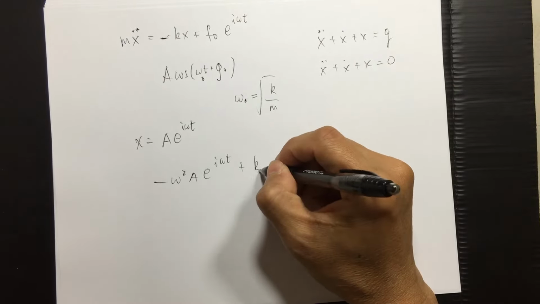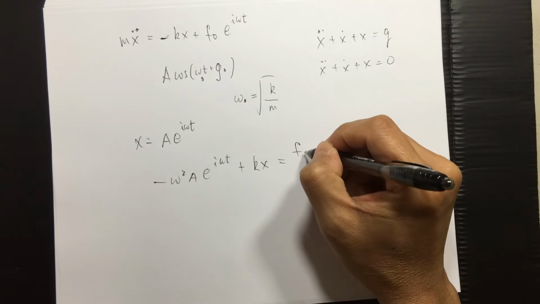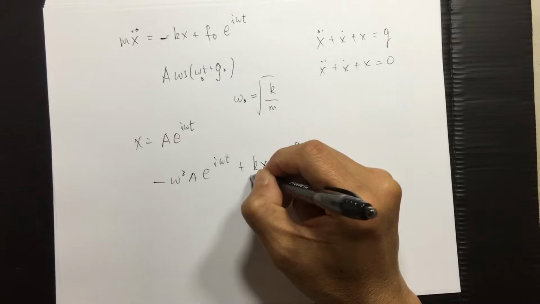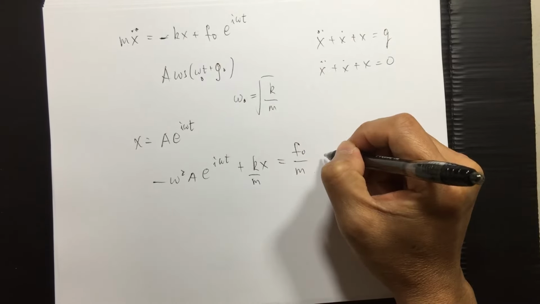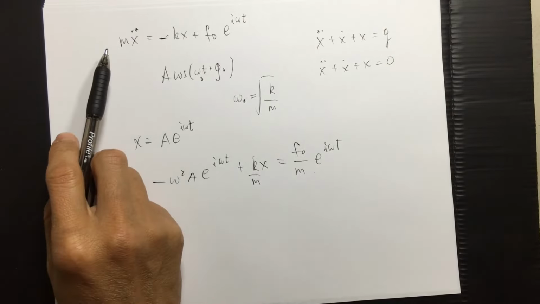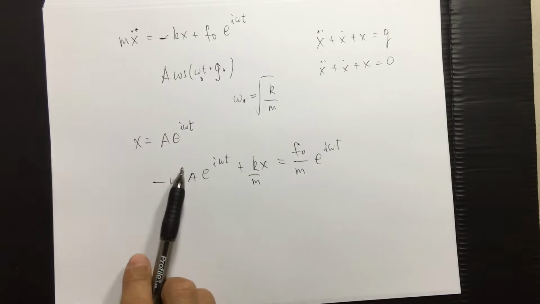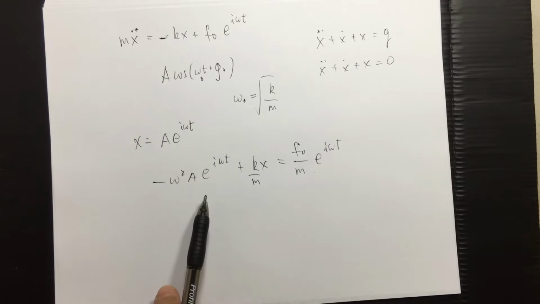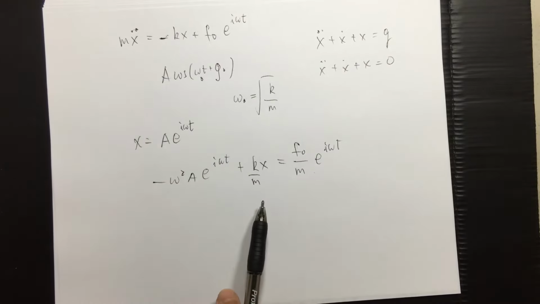Let's just do kx equals F0. This divided by m, this divided by m, e^(i omega t). Now I didn't count this m; I just put x double dot, since I divided by m.